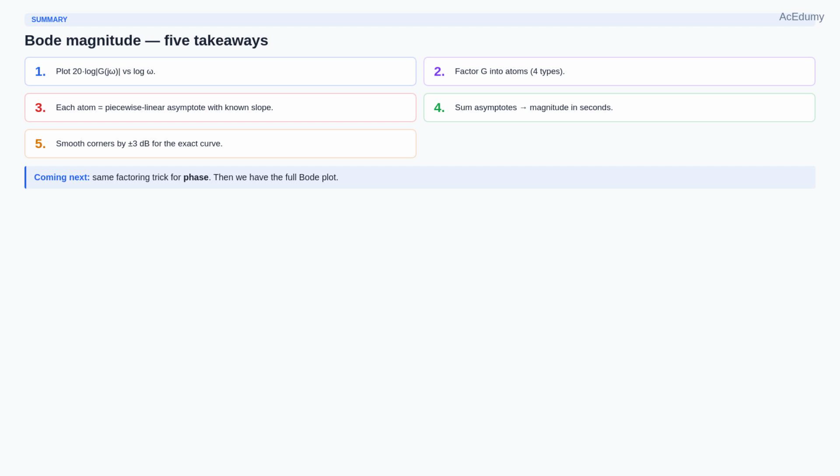Smooth corners by 3 dB if you want the exact curve. The same recipe scales to any rational transfer function. Next lecture, phase. Same factoring trick, different rules, same speed. Then we have the full Bode plot, magnitude and phase together. And we can read the system's behavior at every frequency in one glance.